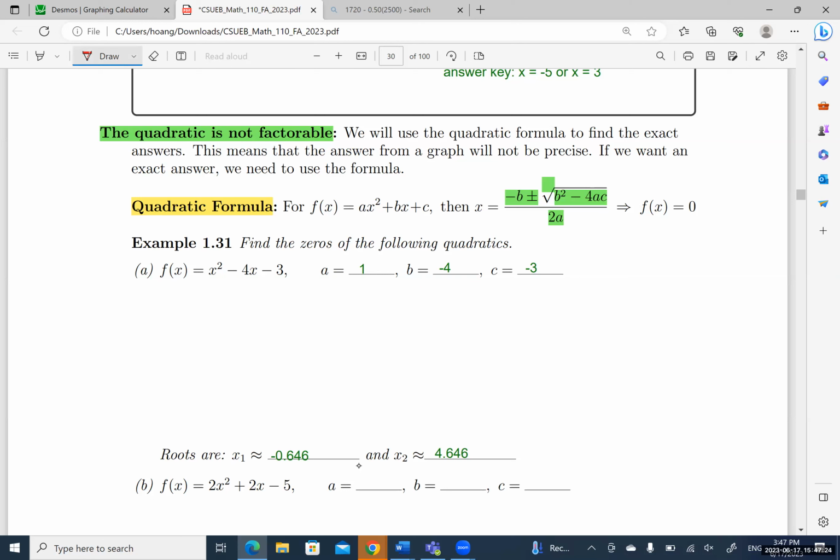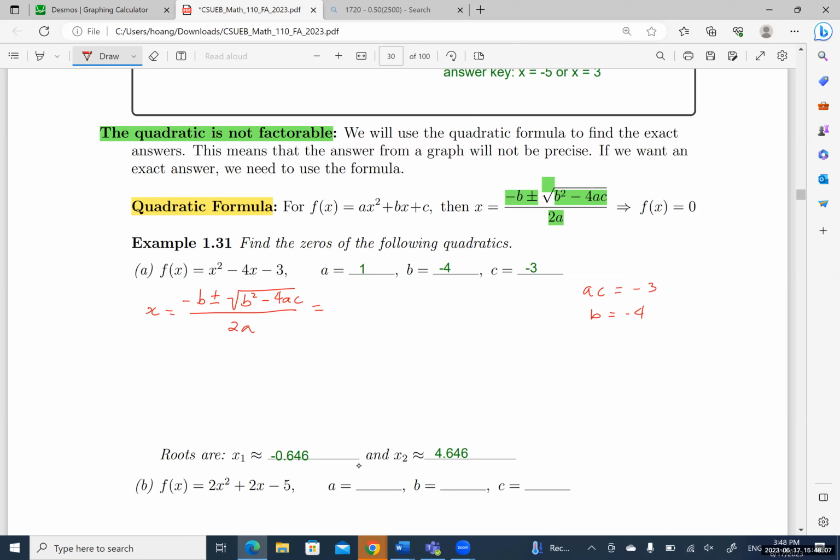You can see that a is 1, c is negative 3, and b is negative 4, and there's no way you can factor this one, right? It could be negative 3 times 1, but when you add them together, you cannot get negative 4. So the only way for this one, you must do the quadratic formula. So x equals negative b plus or minus the square root of b squared minus 4ac, divided by 2a, and I substitute everything into it.